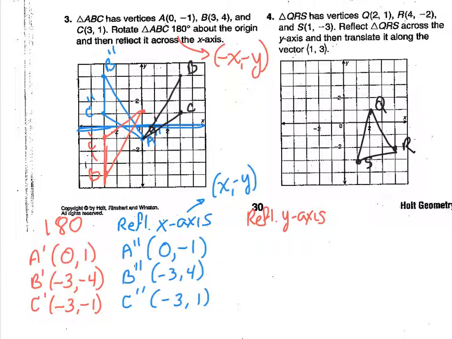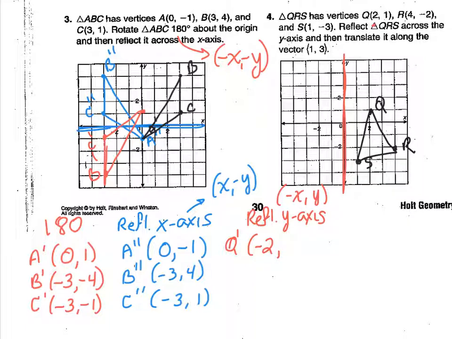So what's going to change if you reflect across the y-axis, which is this one? What's going to change? The x. So the x is going to become negative x. Okay? So the points, let's go ahead and get q prime. See, the x is 2, so what's the opposite of positive 2?